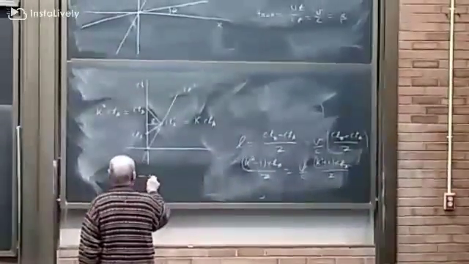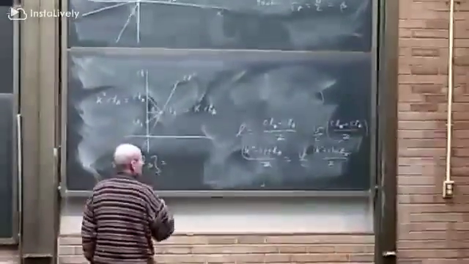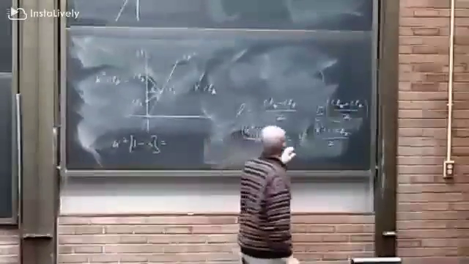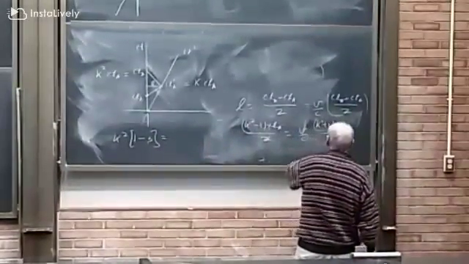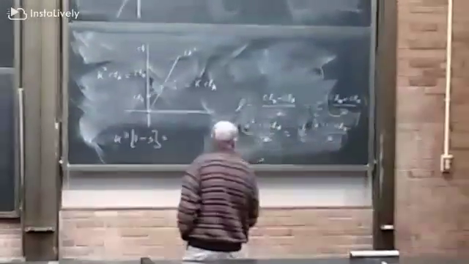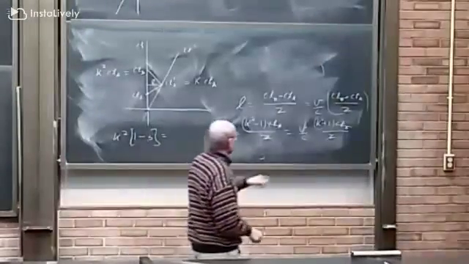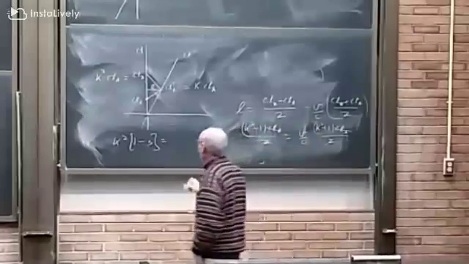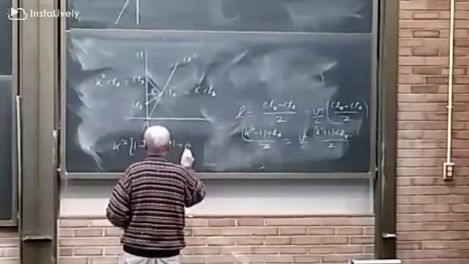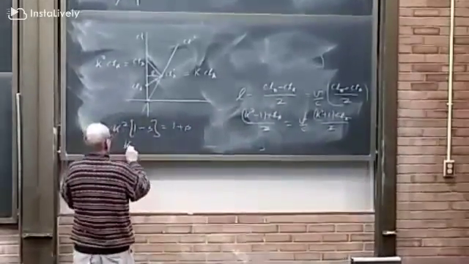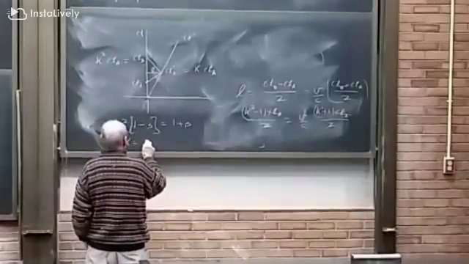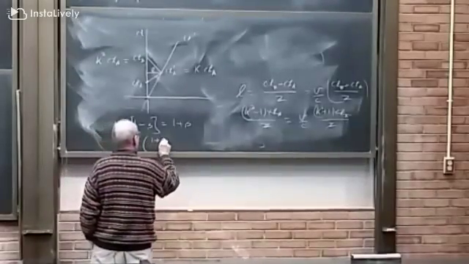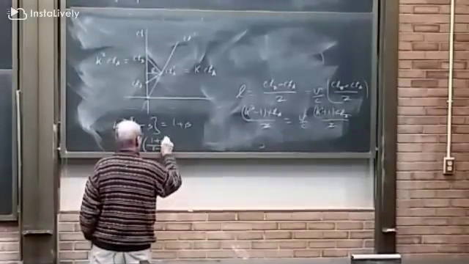So 1 minus beta. And now I bring this one over here. And so I get beta plus 1. So kappa is the square root of 1 plus beta over 1 minus beta.